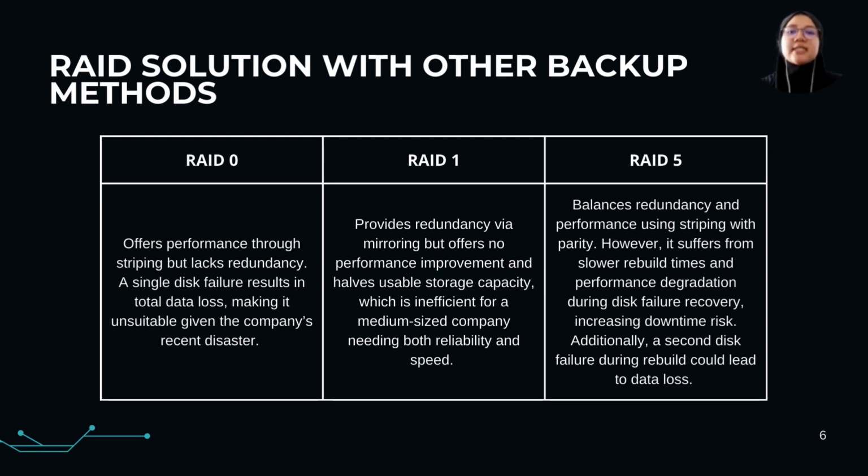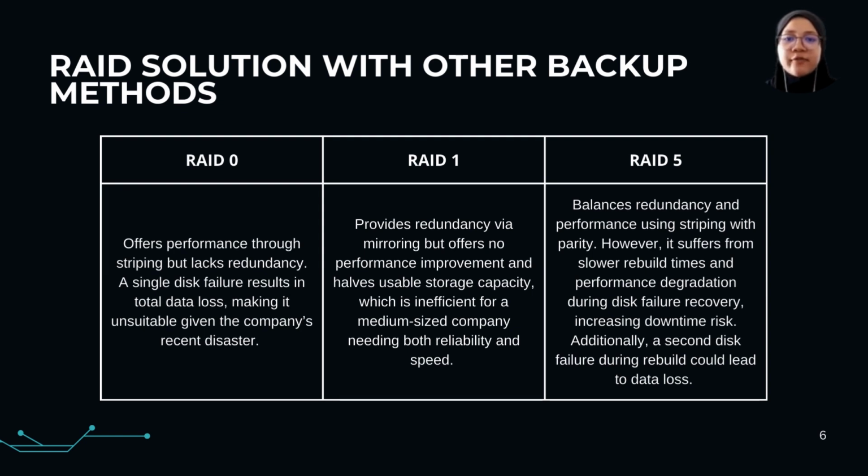So these are the differences between RAID 0, RAID 1, and RAID 5, and how the RAID solution compares with other backup methods. RAID 0 offers performance through striping but lacks redundancy.